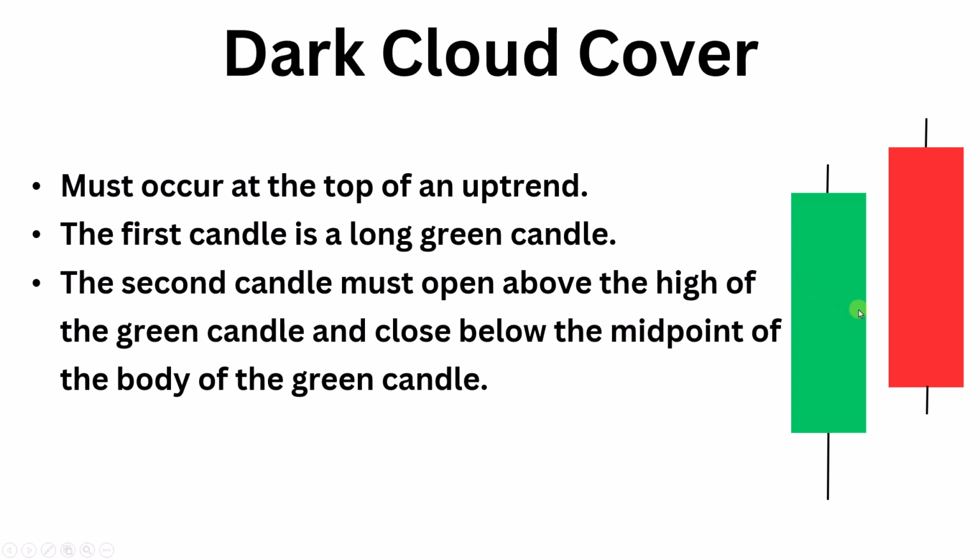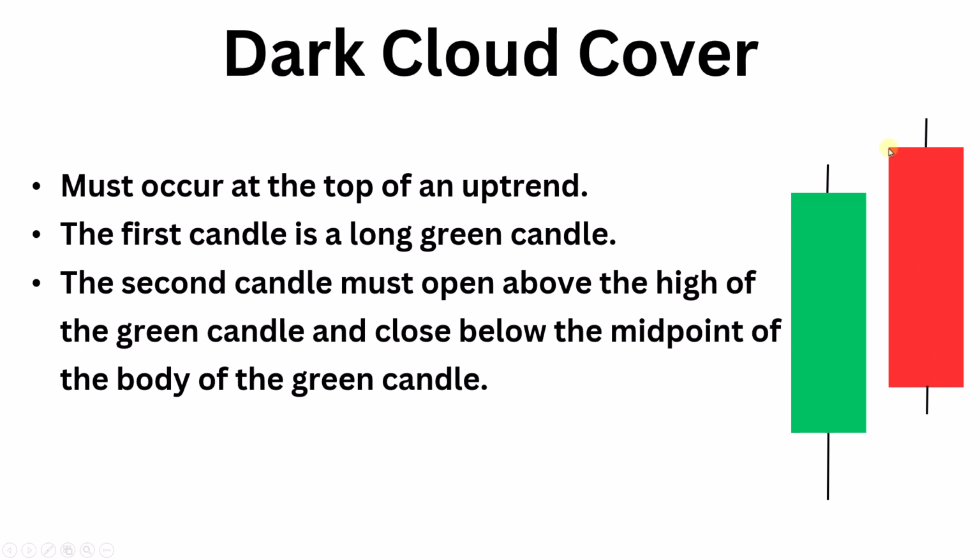And its midpoint is here. The mid of the body of the green candle is here, and below this midpoint the second candle should close, which has happened here. And if that happens, we consider it to be a dark cloud cover.